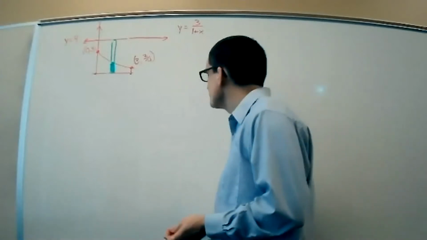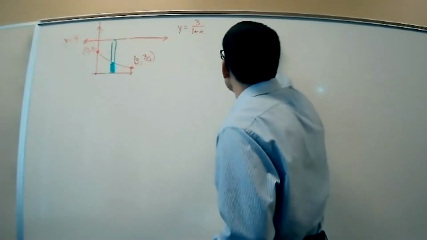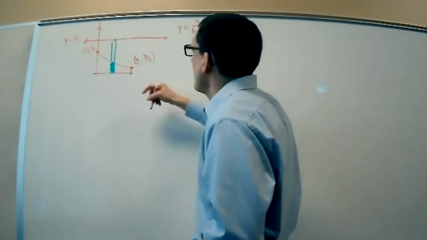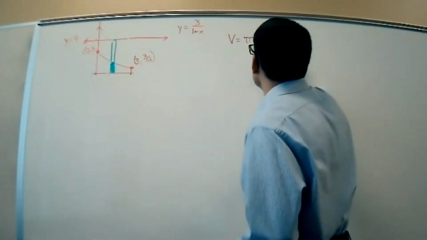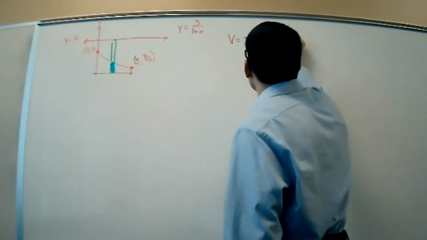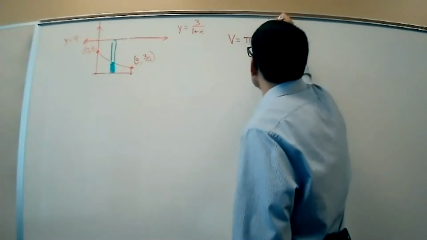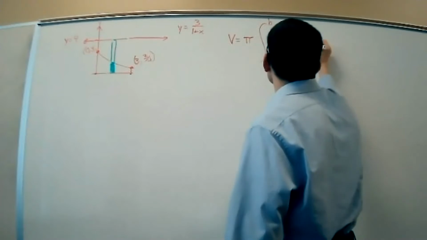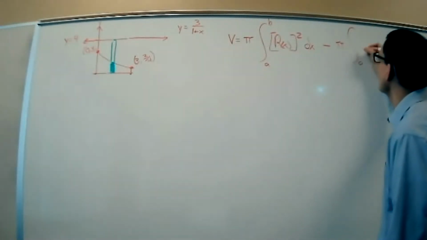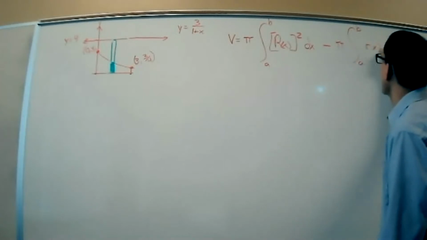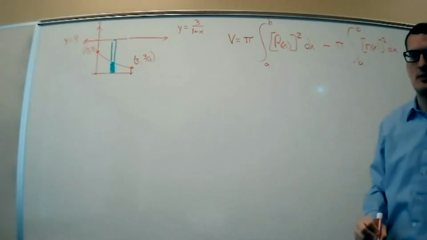Let's set this up. The volume, again, is going to be the washer method. As you can see, the rectangle width-wise is in the direction of x. So we're going to integrate from a to b pi times r of x squared, minus that same integration with a smaller radius squared, all with respect to x.